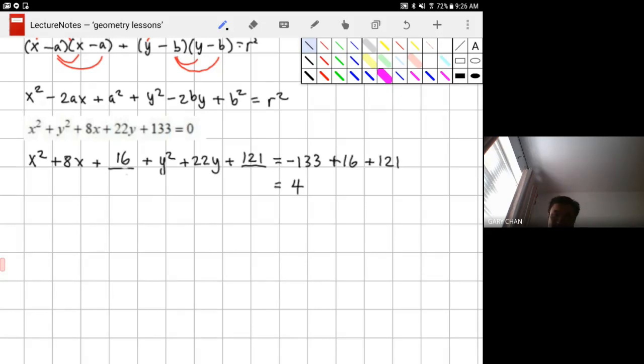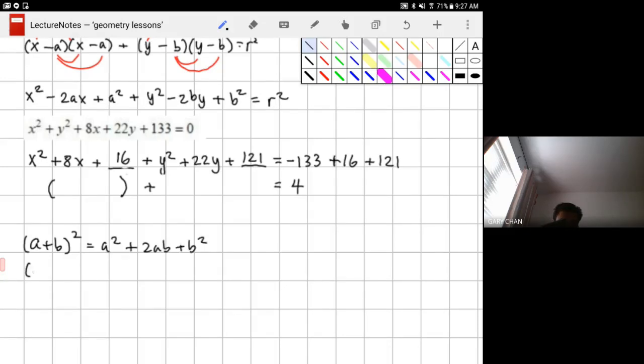And then on the left-hand side, I have x squared plus 8x plus 16. Wait, wasn't that a perfect square? What's another way of rewriting x squared plus 8x plus 16? Remember, there were two ways of writing things yesterday. It was a plus b, which turns into a squared plus 2ab plus b squared.